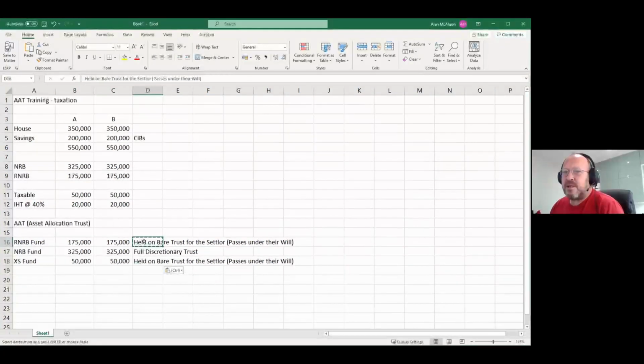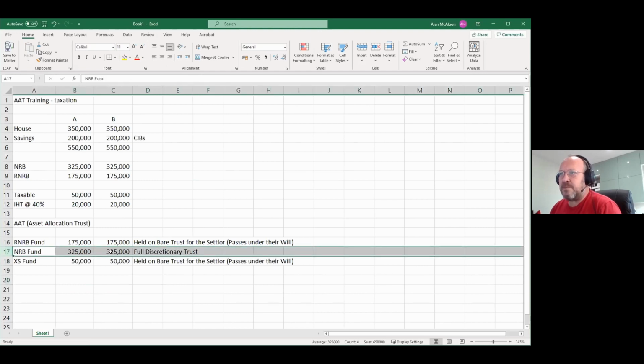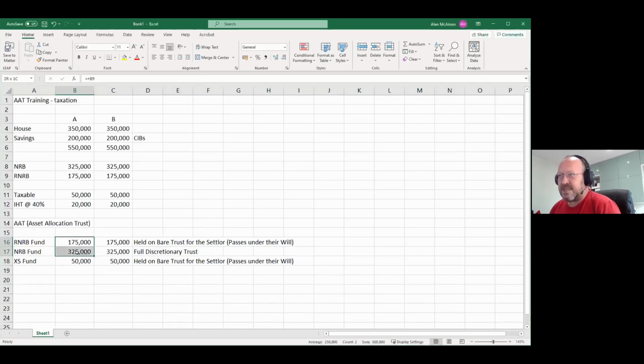It has to be distributed in accordance with the will. And then they have discretion on this part. So you do lose the ability of bloodline planning on anything that's not in this nil rate band fund, because that's the only part where discretion can be applied. But these assets are in the name of the trustees. So that's how the taxes work.